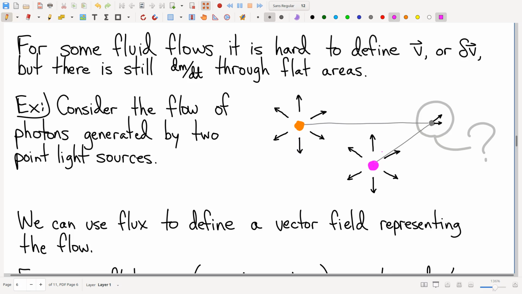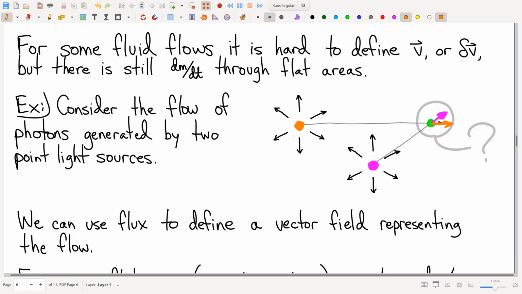So I've got all this fluid flowing around, and I can reasonably ask the question, what's the velocity of the fluid, let's say, at this point? And the problem is, the photons that come out of there have a velocity that looks like this, and the photons that come out of here, anyway, you know what I meant, have a velocity that looks like that.